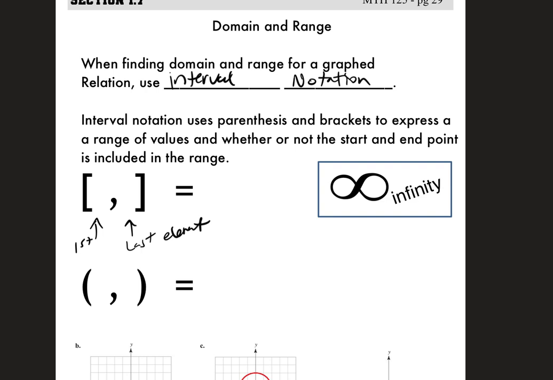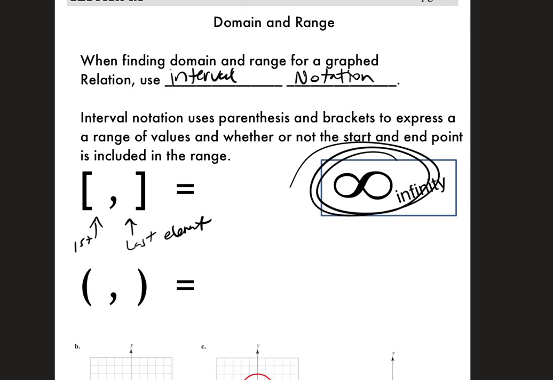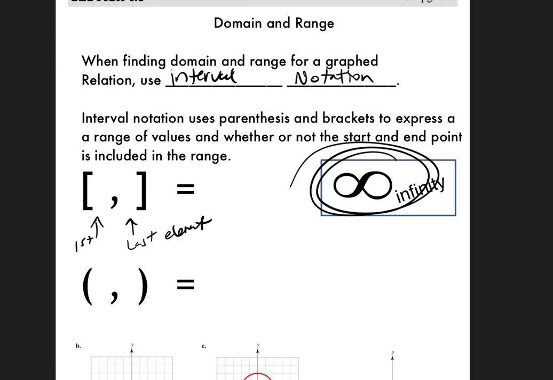separated by a comma. If it goes on and on and on forever, you would use the infinity symbol, just so you know. So what's the difference between brackets and parentheses? We use a bracket for when the element is included in the set. It's not just a starting or ending spot.